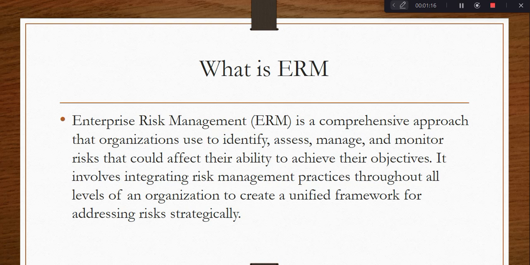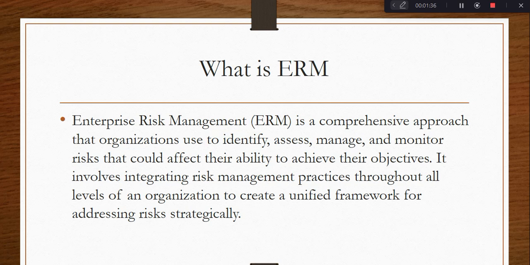So what is it? It is a comprehensive approach that organizations use to identify, assess, manage, and monitor risk. So this is kind of a combination of everything in risk management.